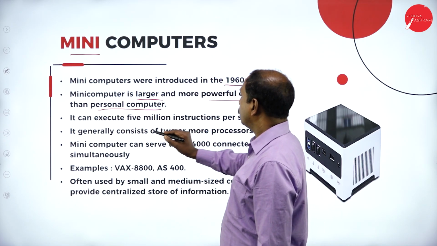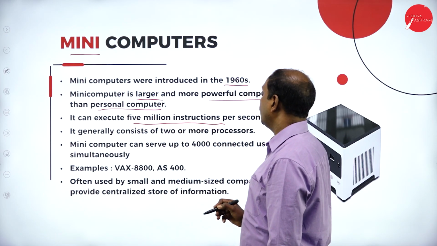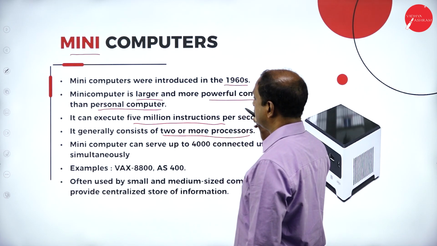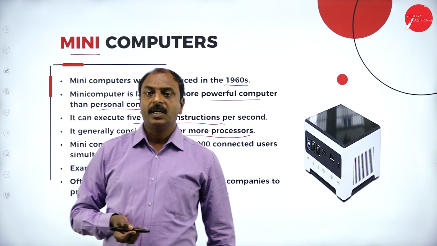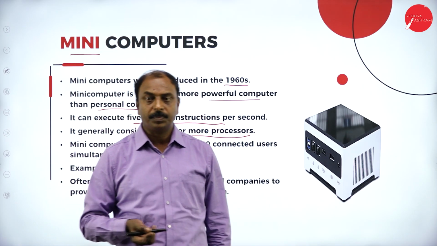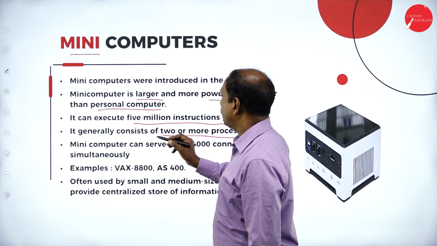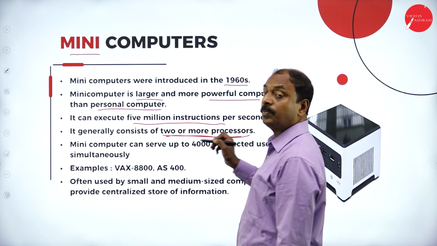They can execute 5 million instructions per second, and they generally consist of 2 or more processors. If microcomputers have 1 or 2 microprocessors, mini computers may have 2 or more microprocessors.